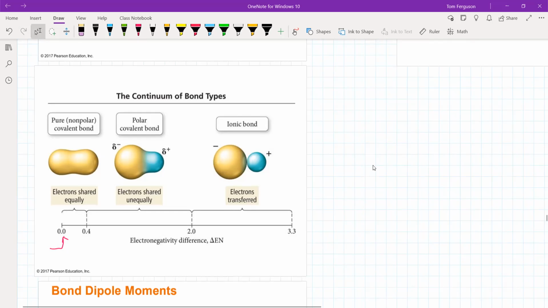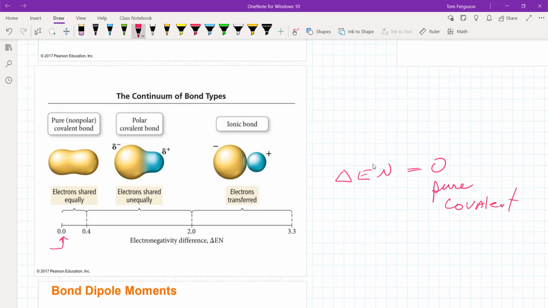So when delta electronegativity is equal to 0, we're going to call that a pure covalent. In other words, if it's between this area, I'm going to call that a non-polar.